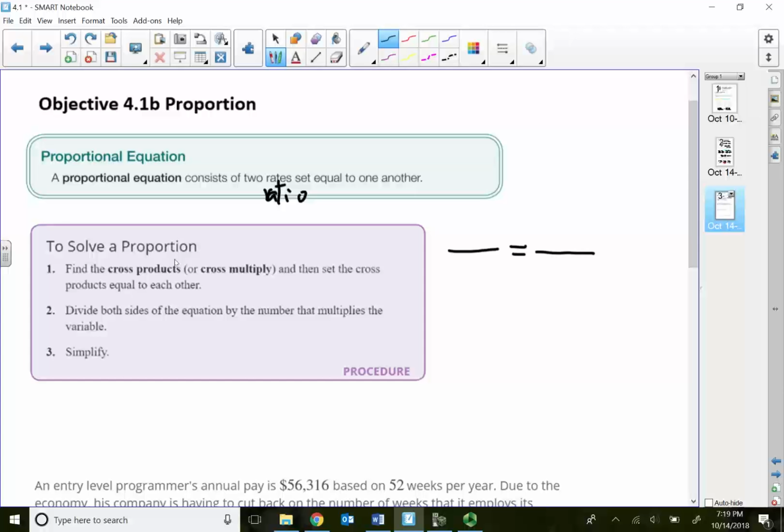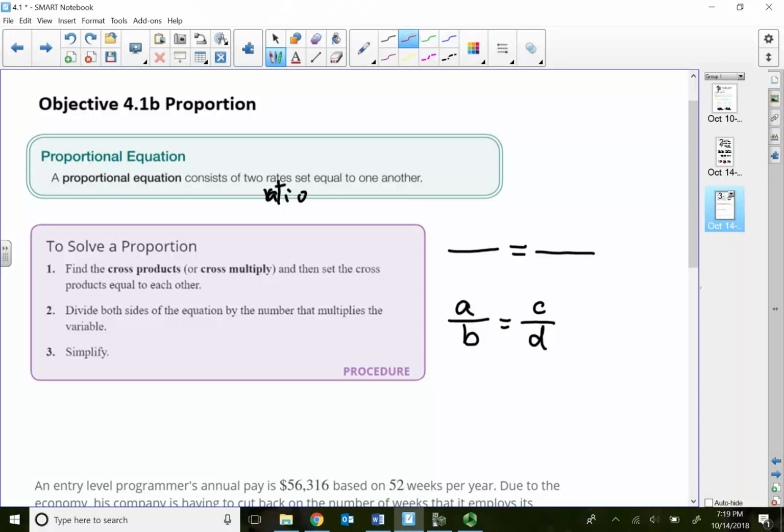When we normally solve a proportion, we use this technique called the cross product. The cross product says for any real numbers, A over B is set equal to C over D, which is two terms equal to each other, and both terms contain fractions.